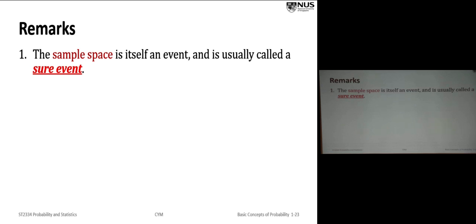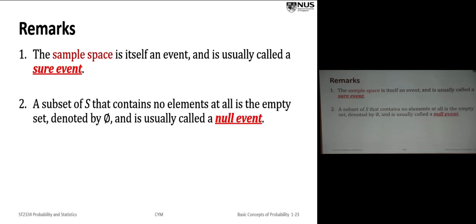These are two terms we must know. One is sure event. Sure event means it must occur, that means it covers all the possible outcomes. The other one, where there is no way that it can occur, is called null event.